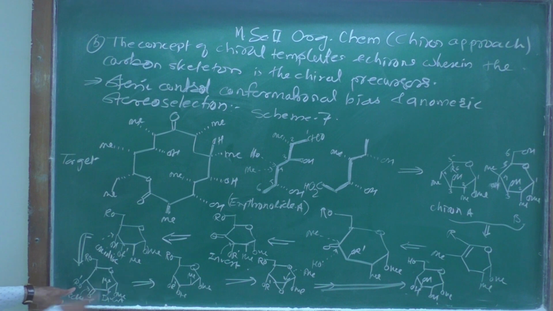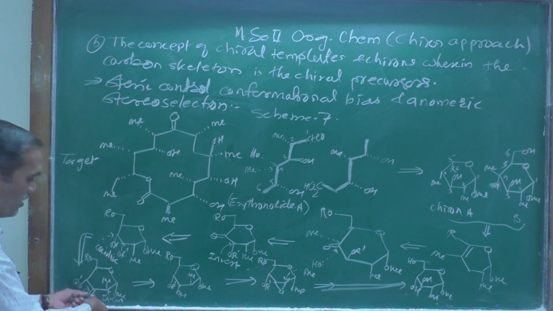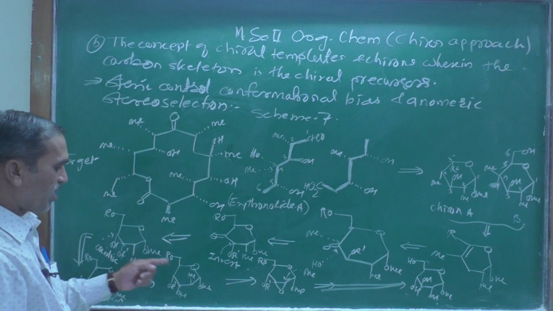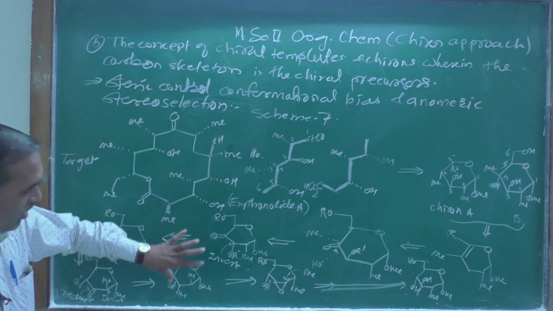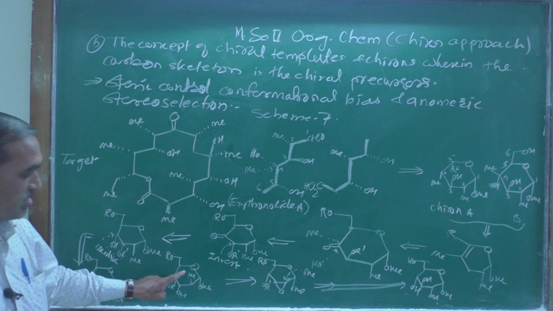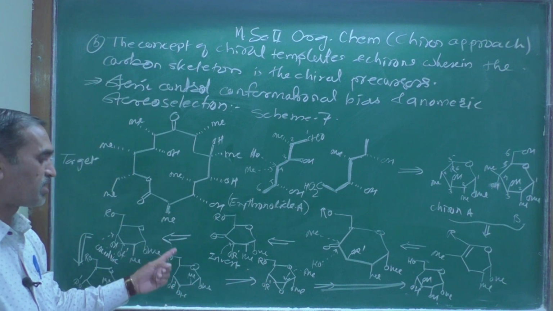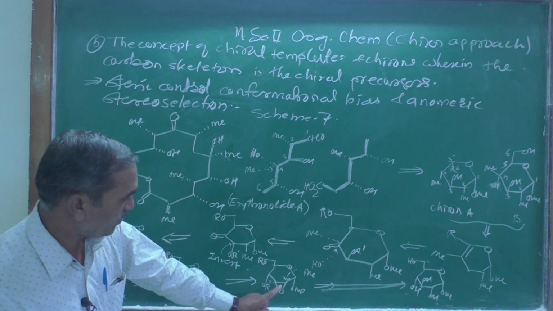Look here, here is an RO dash; we oxidize this one, and here we are protecting that oxidizable group, and you can reduce this. After reducing this carbonyl group, we can convert this very easily into a hydroxy group like this, OH and OR dash. The rest of the thing remains as it is.